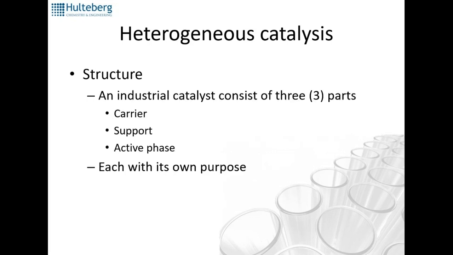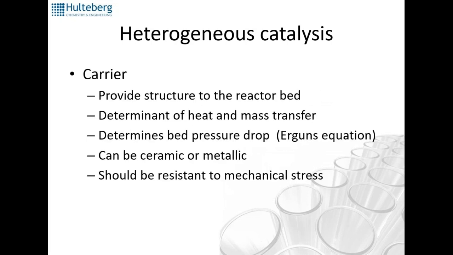The structure is an important part. In industrial catalysts, we have three parts: the carrier, the support, and the active phase. Three very important aspects of heterogeneous catalysis. They all have their own purpose. For instance, the carrier is there to provide the structure to the reactor bed.